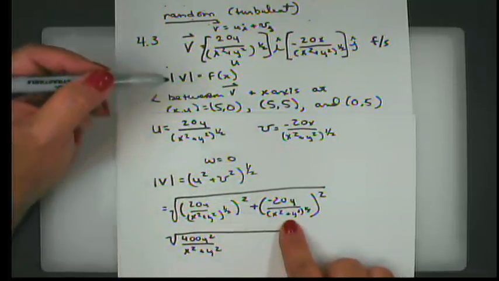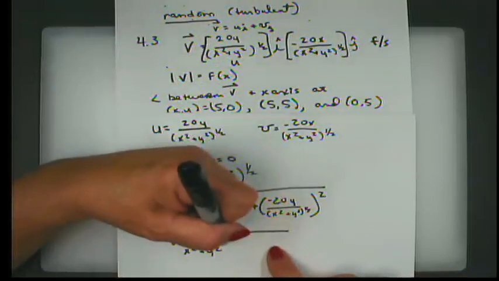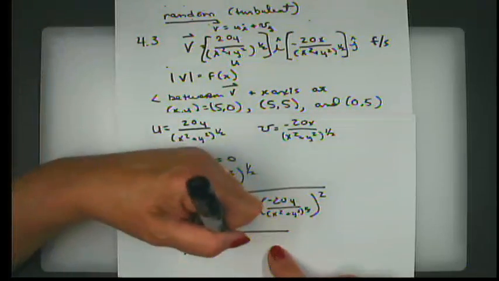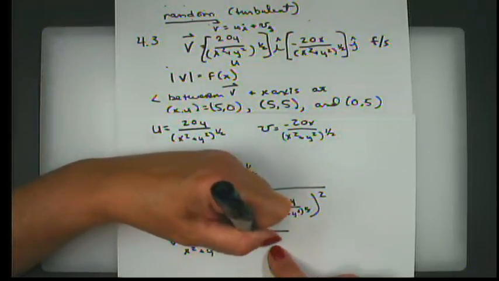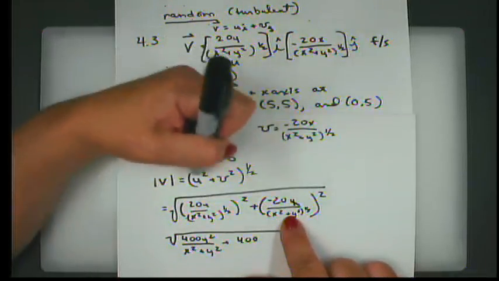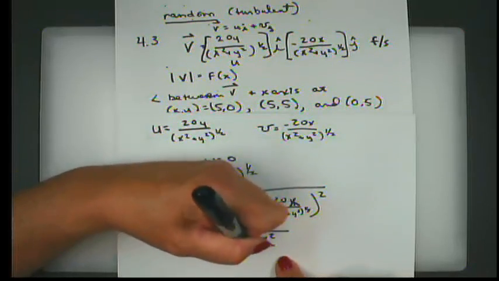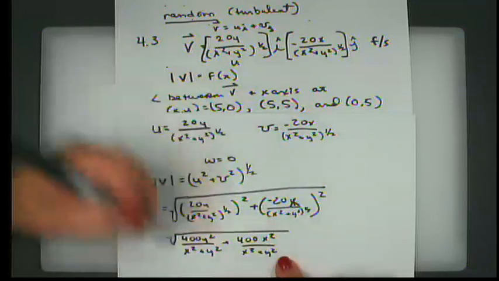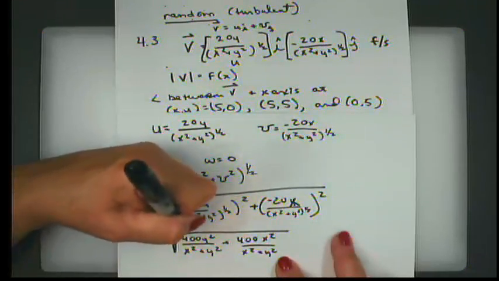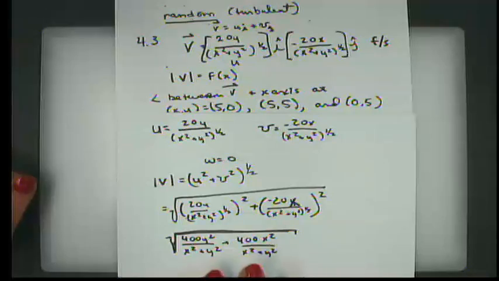Now similarly, we have here negative 20x squared. Negative times negative is positive, so that pops out as 400. I think I wrote the wrong variable. That should be x, right? x squared over x squared plus y squared. Okay, like that.